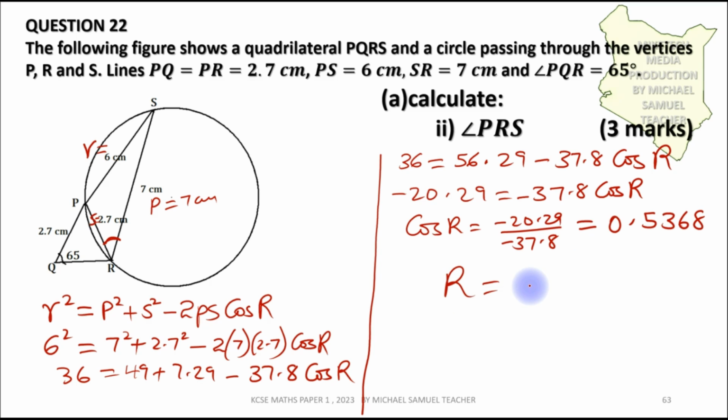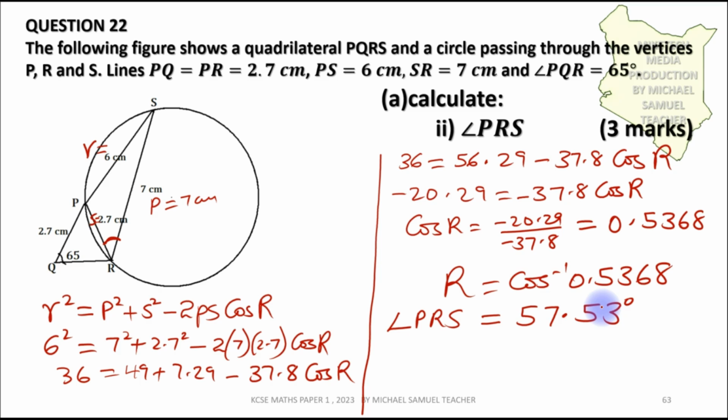Therefore, R will be cosine inverse of 0.5368. Therefore, we shall get angle PRS, which is equal to angle R, is 57.53 degrees.